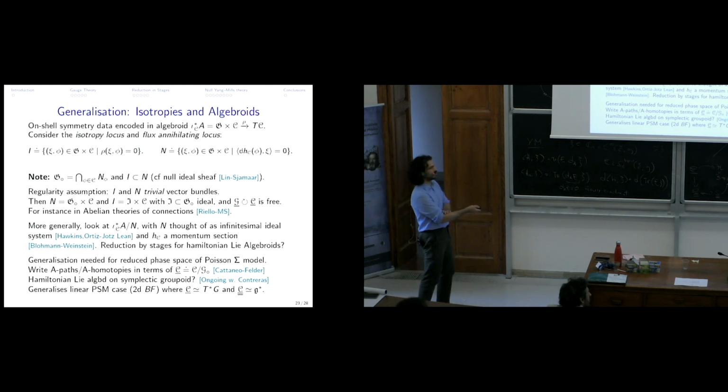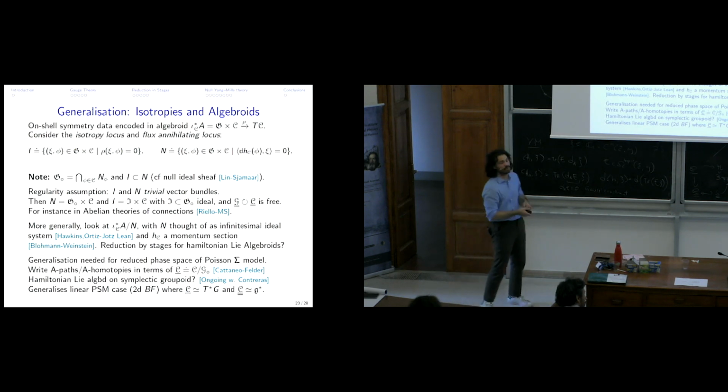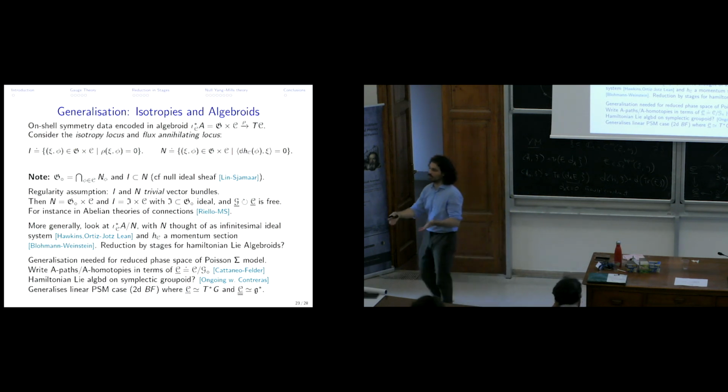In the Poisson sigma model, the first stage is, by Cattaneo-Felder, the space of A-paths over A-homotopies, and this is the symplectic groupoid. That is the first stage, which means that you expect there to be a second stage acting over the symplectic groupoid, which should return to you the Poisson manifold that you started with.